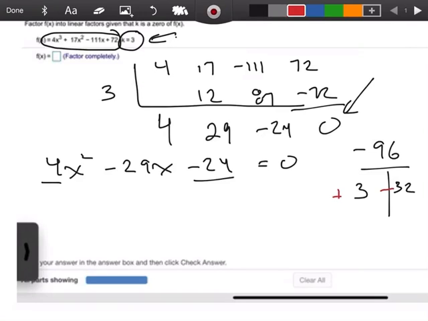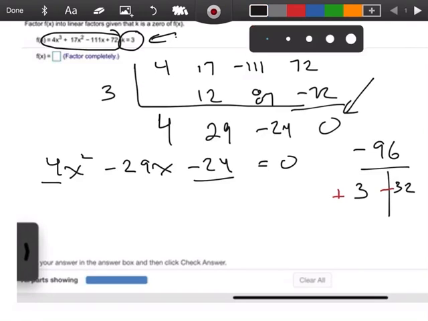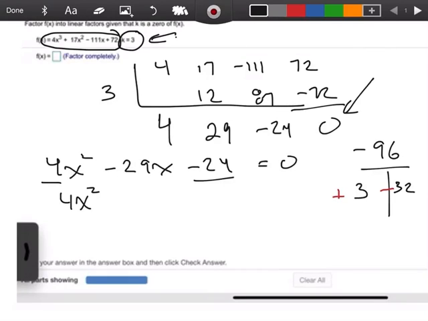Okay, so now I'm going to go ahead and start factoring this out. So 4x squared plus 3x minus 32x minus 24 equals 0.